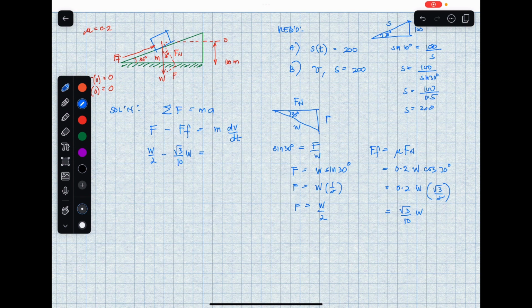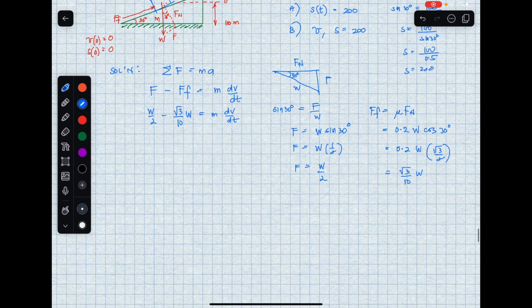Then this is the same as mass times dv over dt. And the weight is mass times the gravitational constant, so mg over 2 minus square root of 3 over 10 times mg equals m dv over dt.